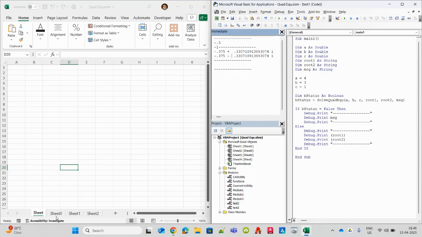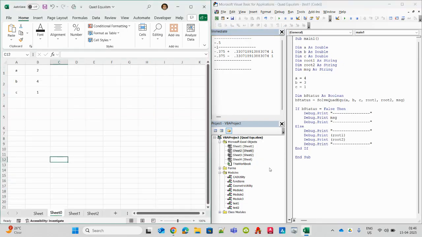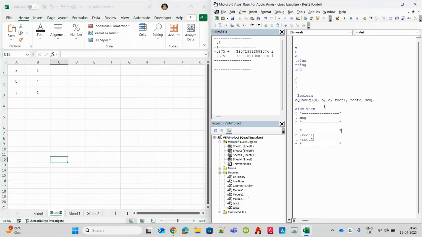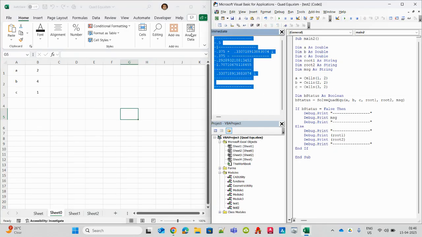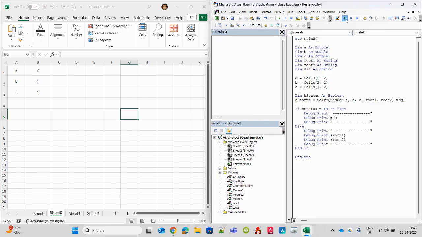Instead of changing the values in the program, we can take the values from the Excel itself and run the program. In the previous case, let me delete it and run it again. So it is taking the values from here. We can check that if we change the values here, it solves the equation and gives new values.